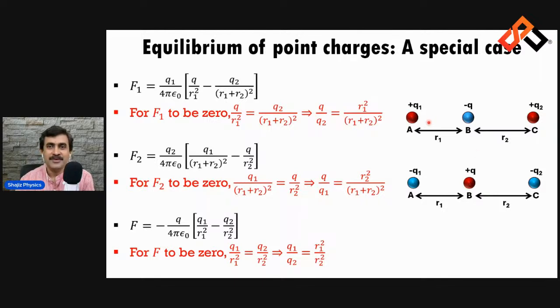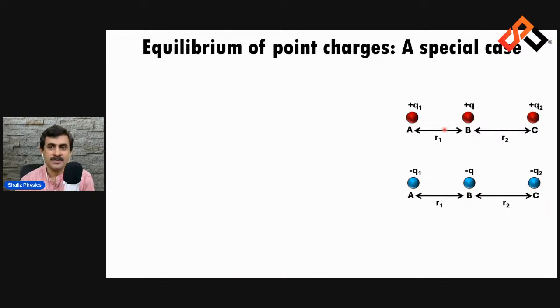See, think about a situation where all three charges are like charges, all three either positive or negative. Let us consider that possibility also. All three charges are positive or all three charges are negative. Then what about this particular situation?